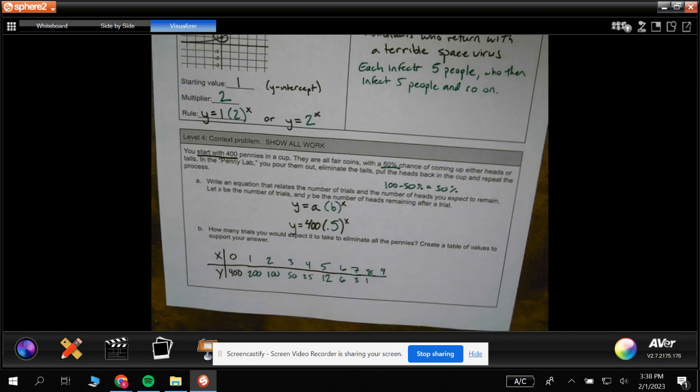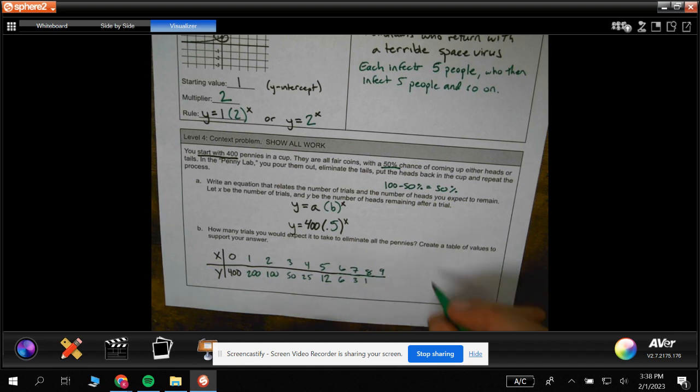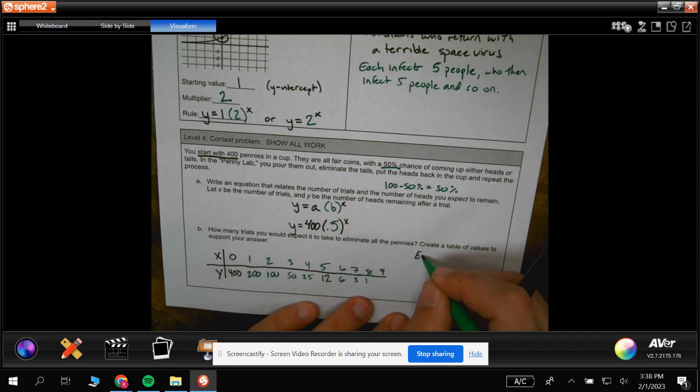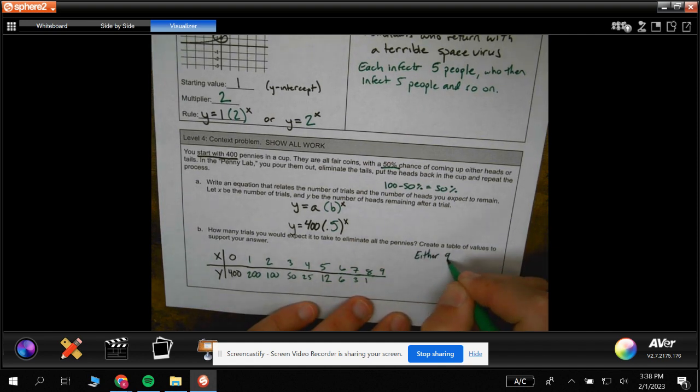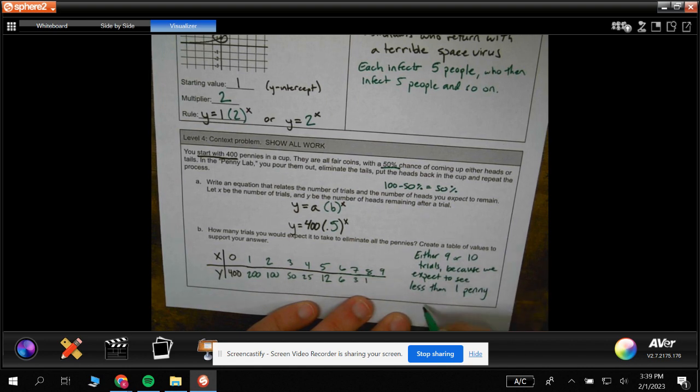Well, after 9 trials, there's a 50-50 chance this last penny comes up heads or comes up tails. So I would say here, either 9 or 10 trials, because we expect to see less than 1 penny.